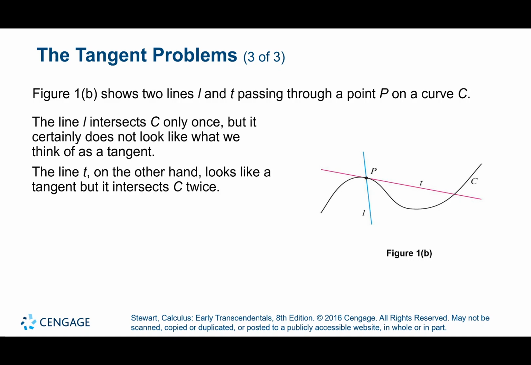Yeah, because it also touches over here. That's not quite enough of a definition, because the pink one looks more like what we're after. The blue one doesn't. So we need to firm up that definition a little bit.